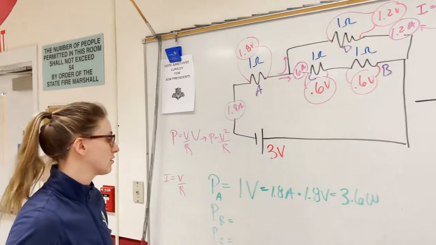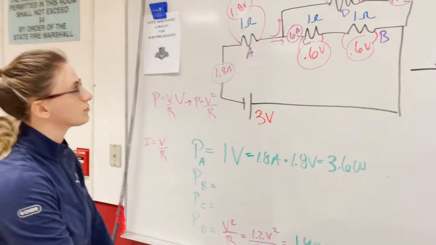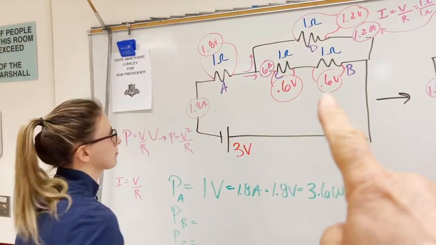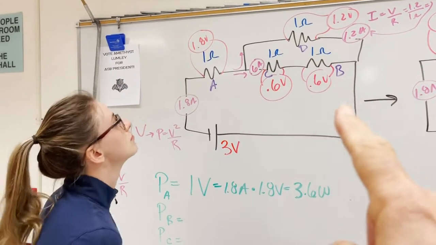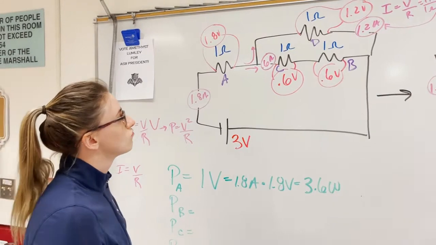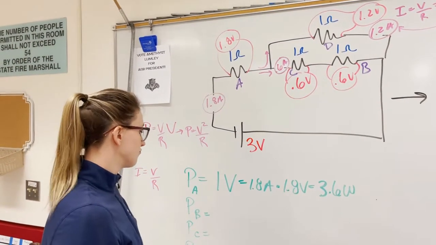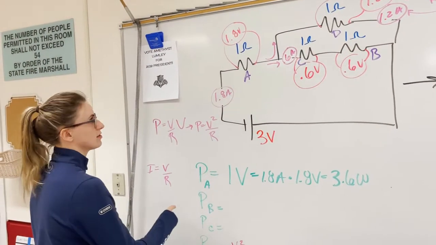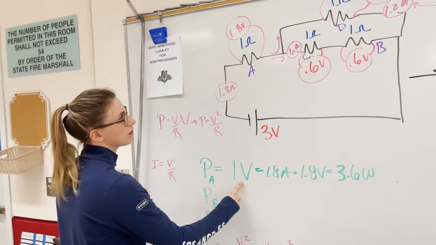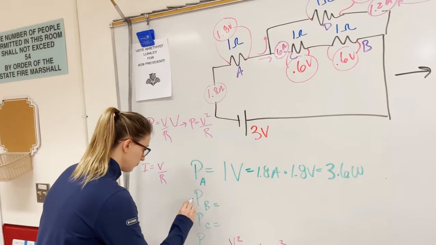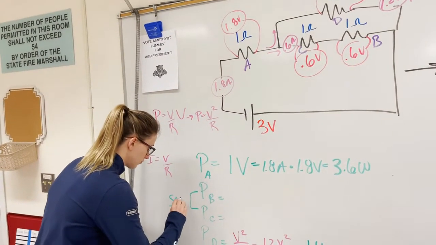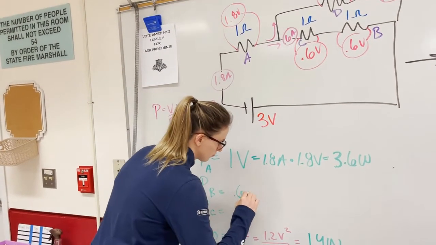Now here's the thing. Before we do any calculations on C and B here, they're both the same resistance. They both have the same current. They both have the same voltage. They're going to be the same brightness. They'll be the same power. So that's going to be the current times the voltage. It's 0.6 amps times 0.6 volts. 6 times 6 is 36.